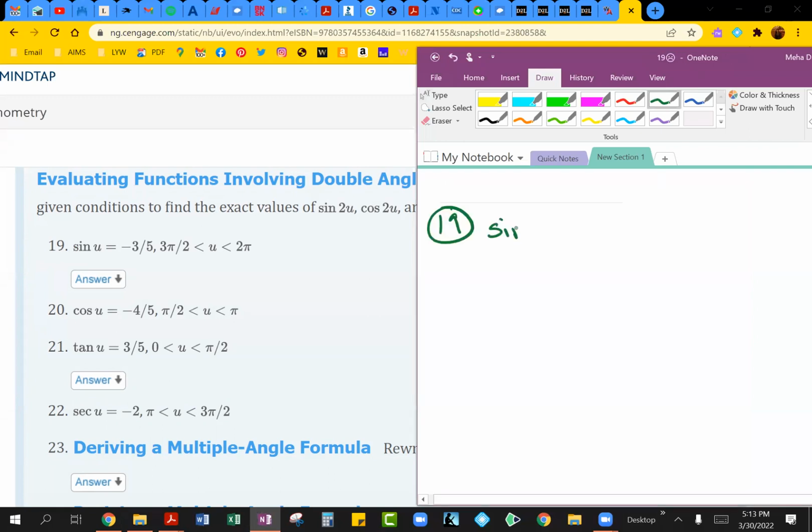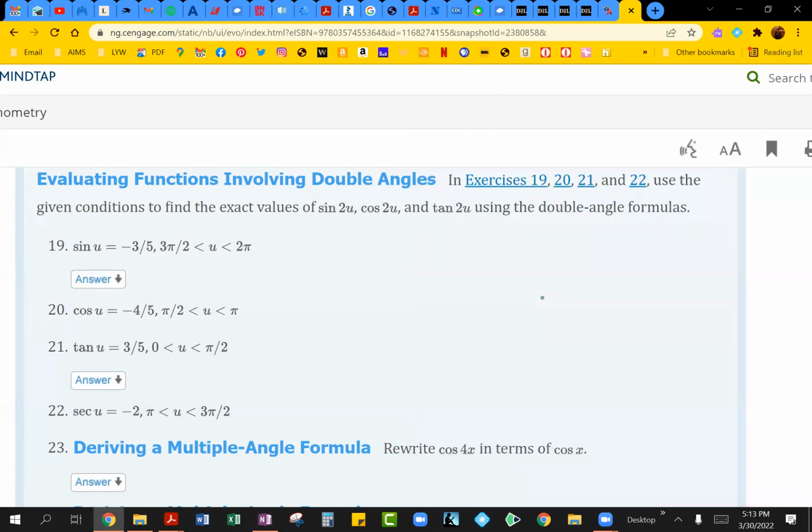Okay, so we are given sine of u equals -3/5, and this is given to us in quadrant 4, 3 pi halves < u < 2 pi, and we have to find out tangent of 2 times u. That's what we're trying to solve here.